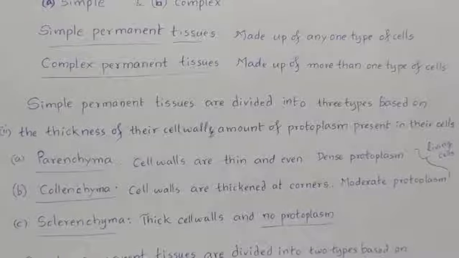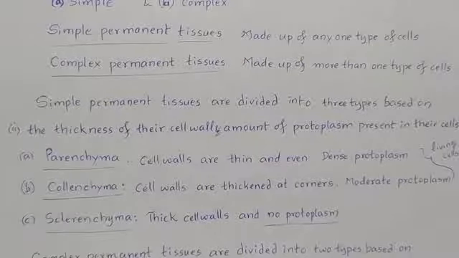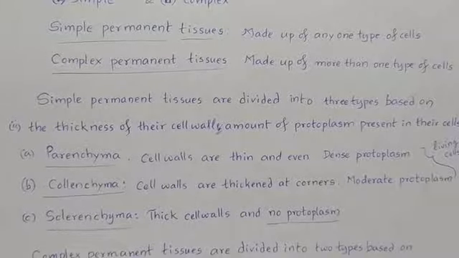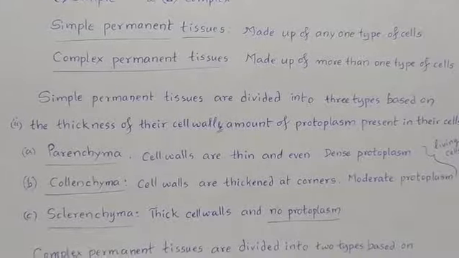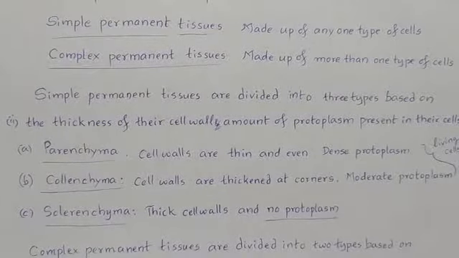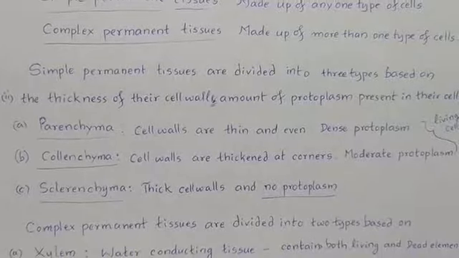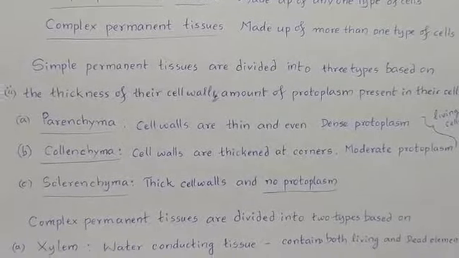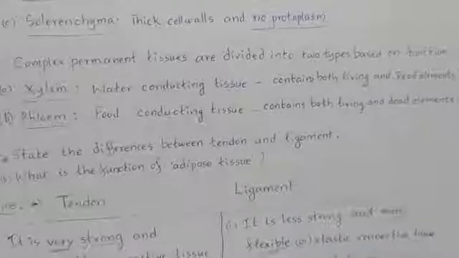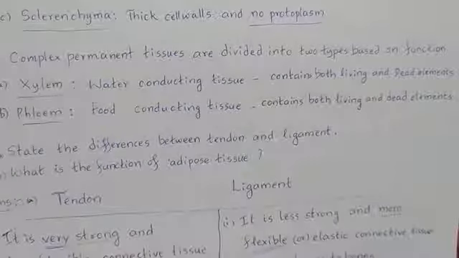So simple permanent tissues are divided based on the type of cells, the thickness of the cell wall and the amount of protoplasm. Next, complex permanent tissues are divided into two types based on the function that they carry out.